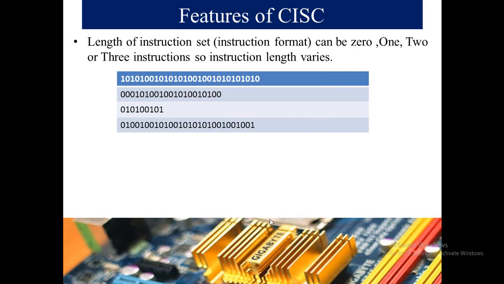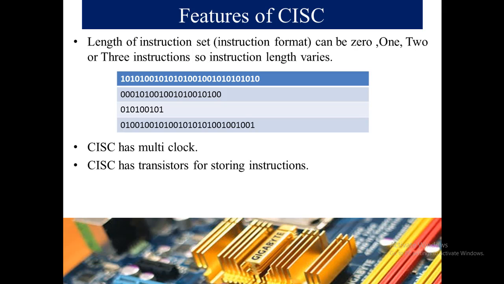As you can see, this is a simple example of instructions that have variable length. Just because of the variable length, it affects the performance of the architecture. CISC has multiple clocks. CISC has transistors for storing instructions.